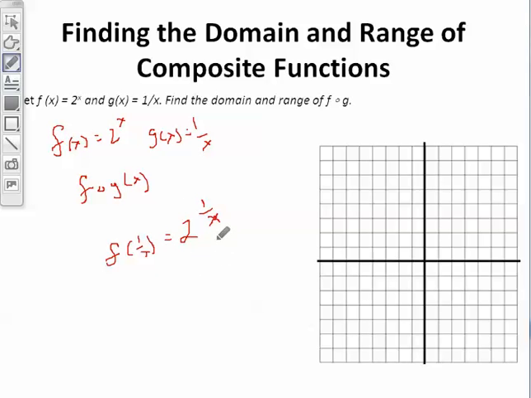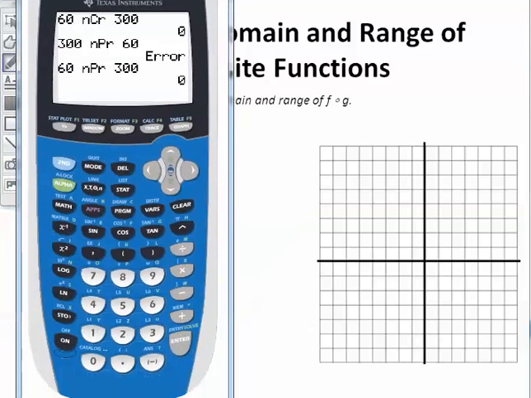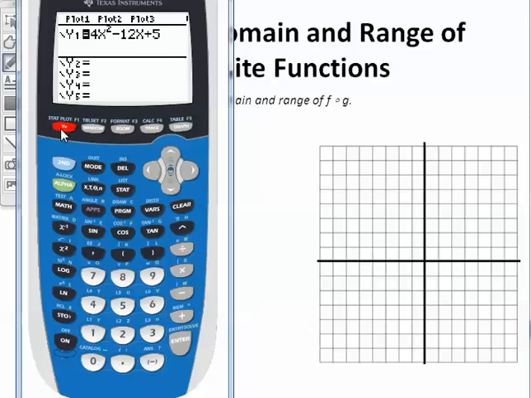Well, I can graph this function. And one of the easy ways is to actually look at the graph and see what you're looking at. So I'm going to bring up my handy dandy little calculator here. I'm going to clear it out, and press y equals.